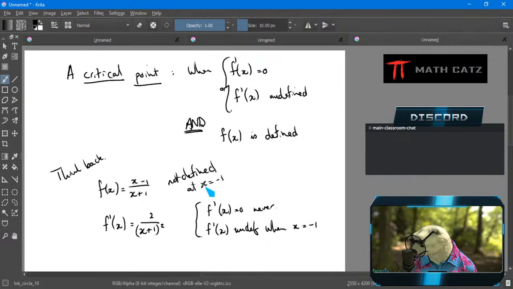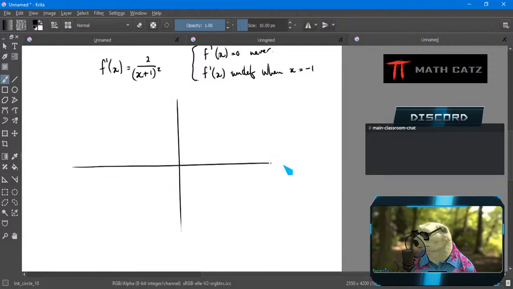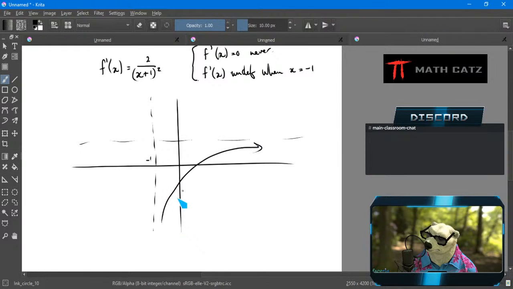The original function has a problem there as well. It was a vertical asymptote, right? Quickly graph this. We had a vertical asymptote at -1. The horizontal one doesn't actually matter right now. We had a fundamental problem at -1. It jumps over.